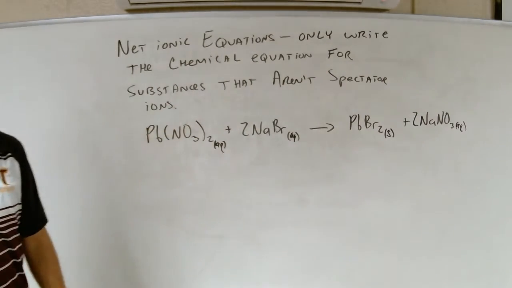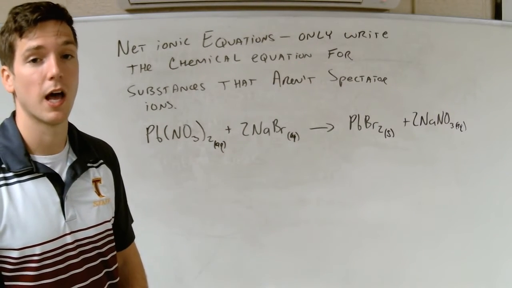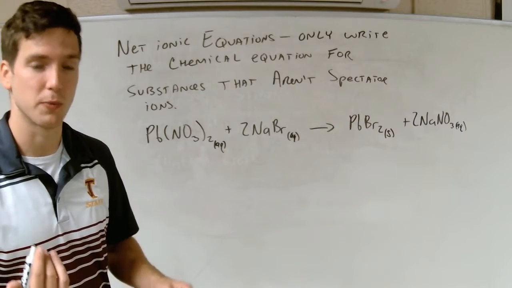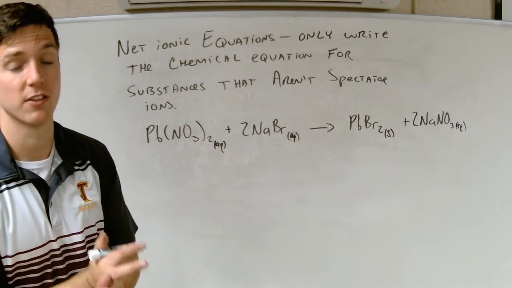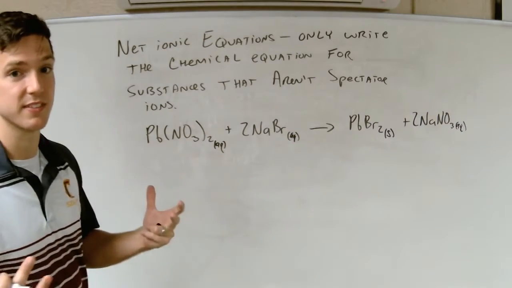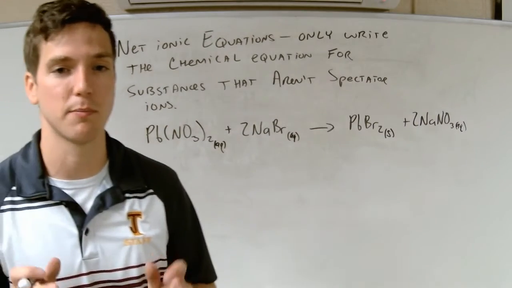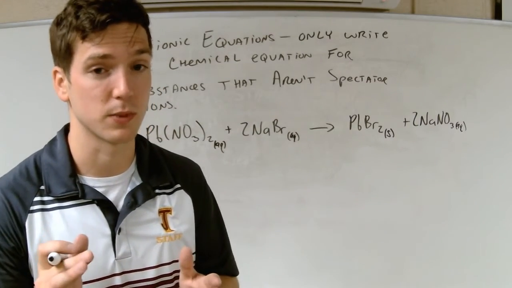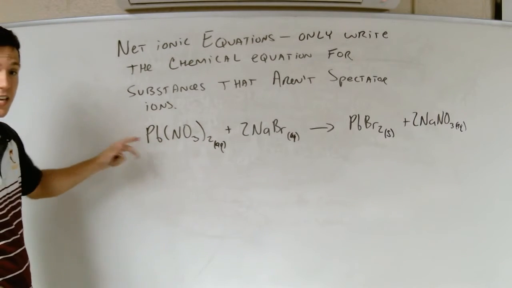Okay? Now, what we do is we separate everything that likes to dissociate. So we separate anything that has soluble ions in it, and we separate anything that's a strong acid or a strong base. So let's go ahead and do that and separate these guys into their ions. Now this is tedious, but you have to be clear and concise with these. When this guy splits up, it's going to split up into lead and nitrate.